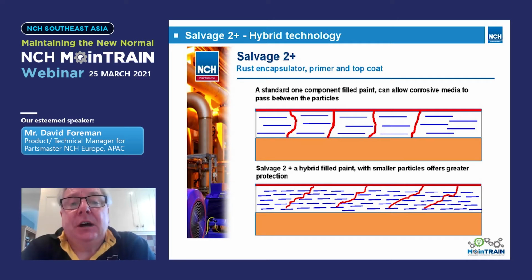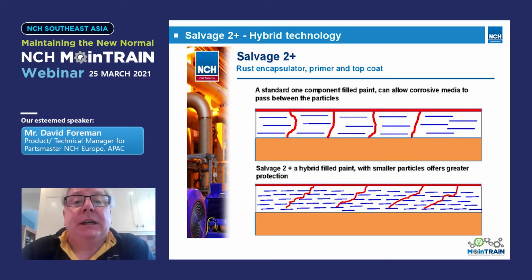the latest hybrid technology. Basically, if we look at the top picture here, this is a typical cross section of a single component filled paint, such as red lead. Red lead is commonly used throughout the industry.